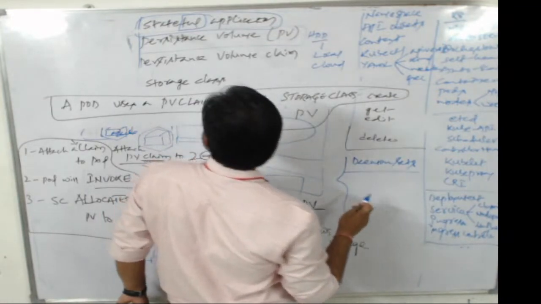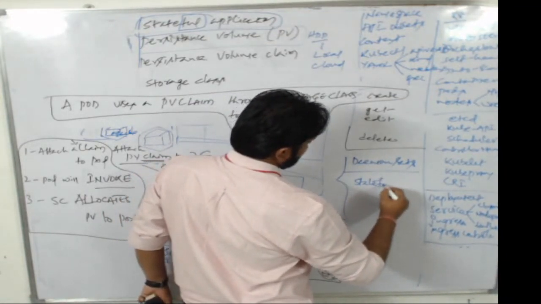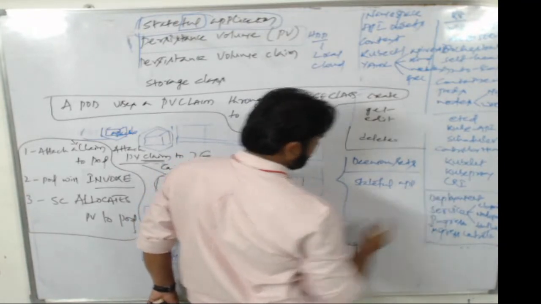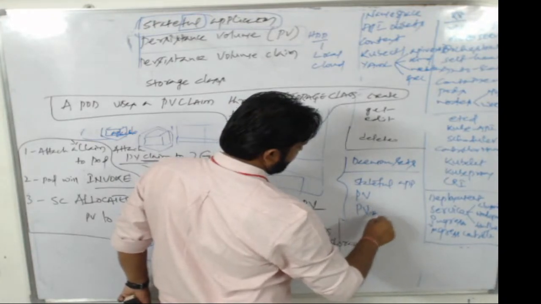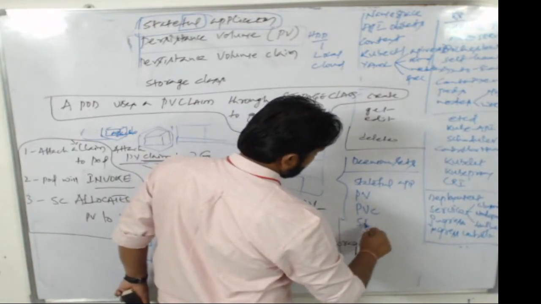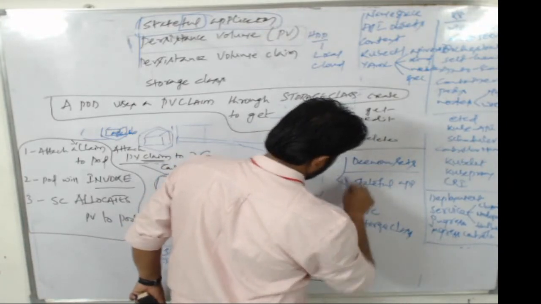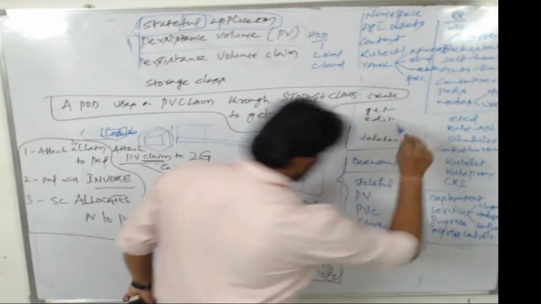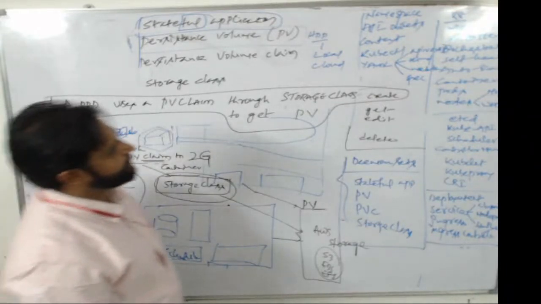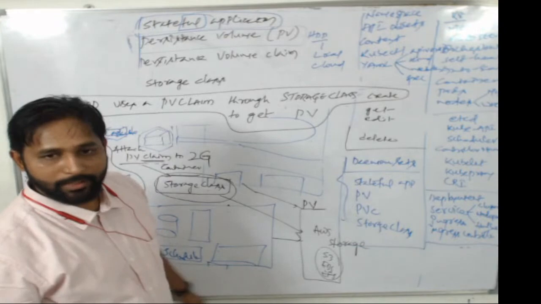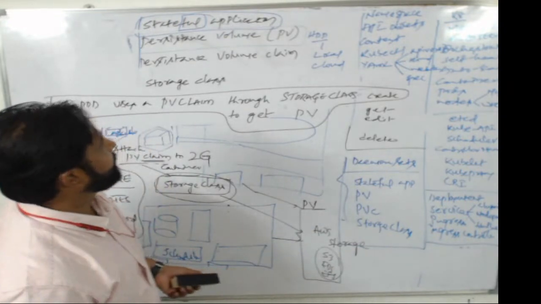Then we have added 4 new items: stateful applications, persistence volumes, persistence volume claims, storage class. We're almost done. There are some 3 or 4 more concepts that we will talk about tomorrow, and we'll be working on these activities from tomorrow onwards.